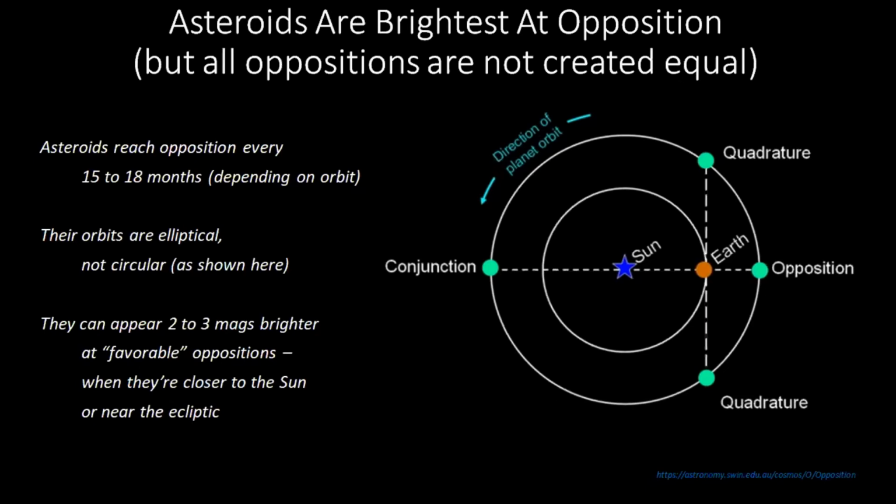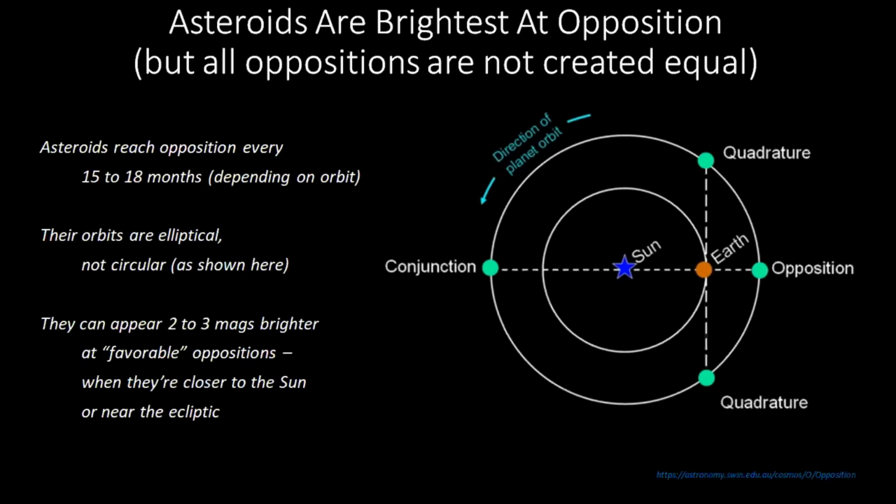So there are going to be times, depending on where the asteroid is in its orbit and where Earth is in its orbit, when sometimes they're going to have closer oppositions and sometimes oppositions that are farther away. And obviously when they're closer, they're going to be brighter. When they're farther away, they're not going to be quite as bright. And this is all happening in 3 dimensions.